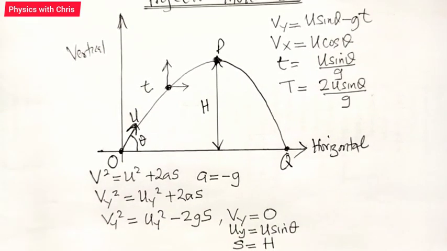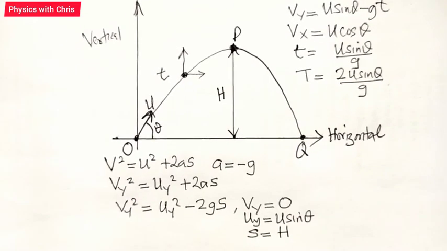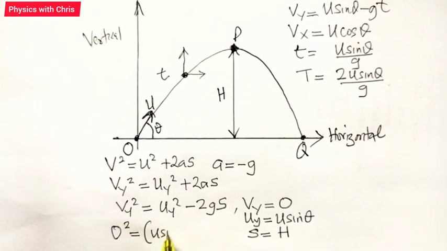So I'm going to substitute these parameters for Vy, Uy, and s. That gives me 0 squared equals u sine theta all squared minus 2g times h.